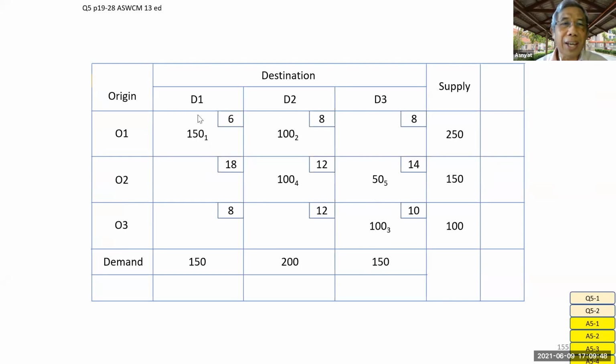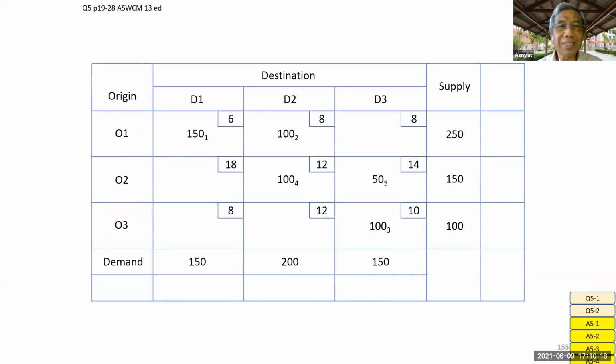We have to check that m plus n minus 1 must equal the number of basic cells. M, number of origins, plus n, number of destinations, minus 1. What do you get? 3 plus 3 minus 1.